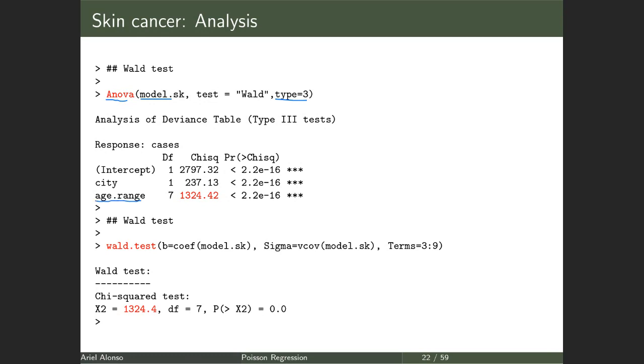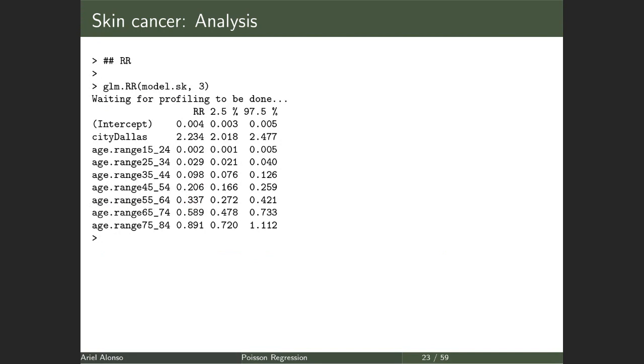You can do it also with another function in R, this Wald test over here, but then you pass the coefficients you have in the model and the variance covariance matrix of the coefficients, and you say I want to test the terms 3 to 9. These are the terms associated with age in the model. And as you can see, you get exactly the same results as if you do everything in one go using the ANOVA function. These are 2 equivalent ways of testing the effect of age using the Wald test.